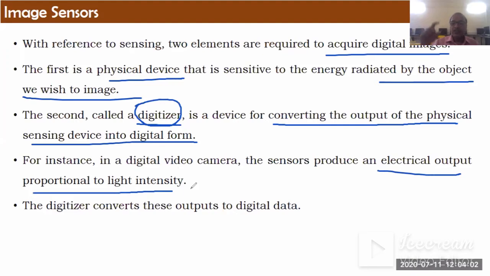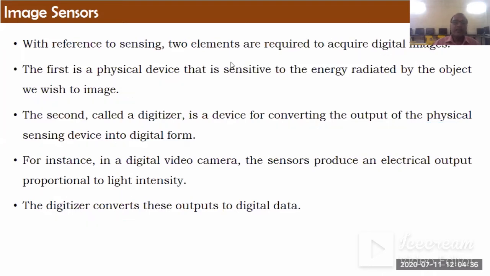When you use the digital camera, it captures the waves of the particular object, and those waves are light intensity waves, which are analog. These waves are converted into digital by the digitizer. So an image sensor has two important parts: a device which can capture the signals, and the digitizer, which converts that signal.